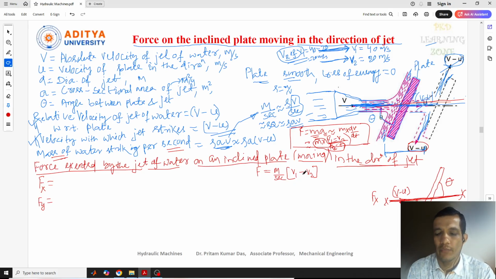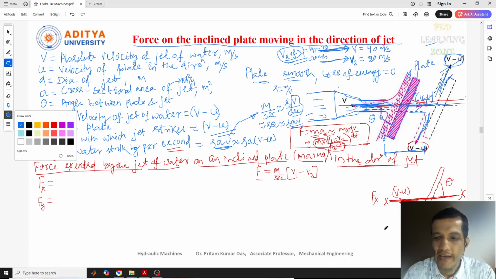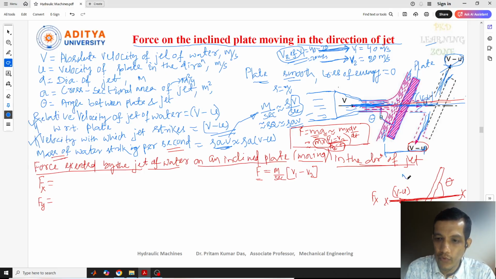So up to now we have done many things, and we have discussed this already. But here if you see, the force is striking with respect to some angle. So first of all, what we need to find out is, let's consider a force which is striking this plate normally. But here there is an angle theta, it is not normal. So we need to consider the impact of force on this plate acting normally.